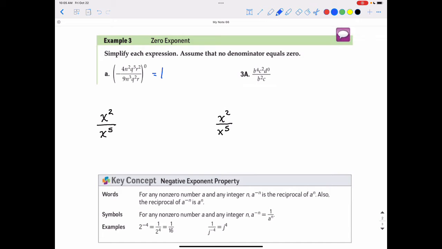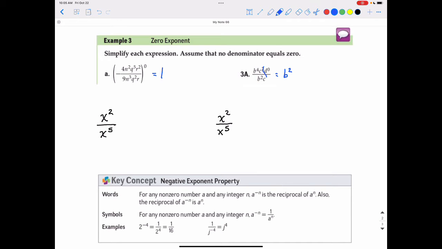3a doesn't have the parentheses like that. 3a has b to the 4th, c to the 2nd, d to the 0 over b to the 2nd, c. So we can divide our b to the 4th divided by b to the 2nd right there. And when we do that, that's going to be b to the 2nd because 4 minus 2 is 2.